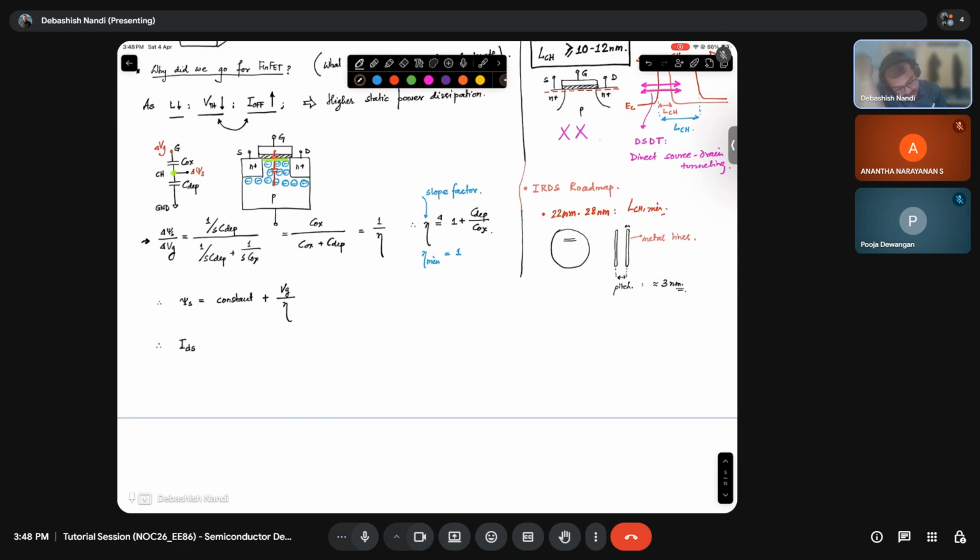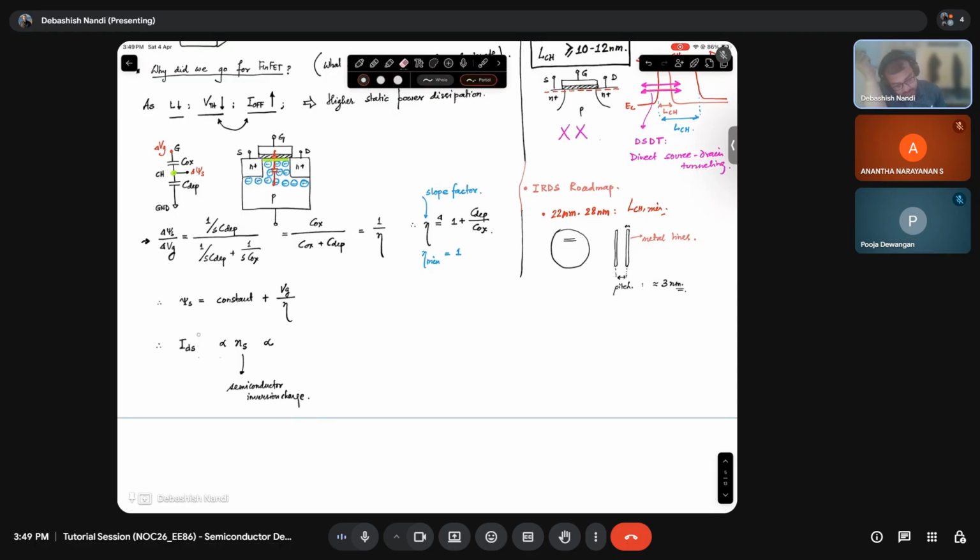IDS in subthreshold is proportional to Ns. What is Ns? The total semiconductor inversion charge.